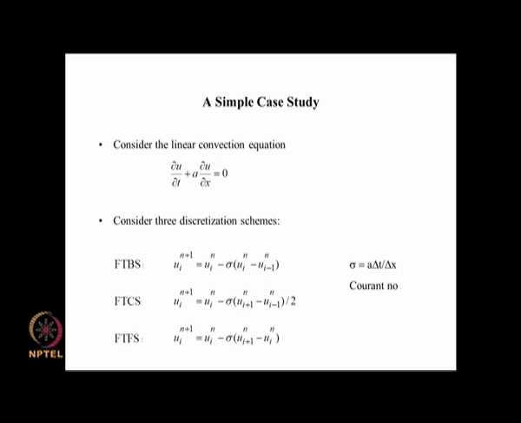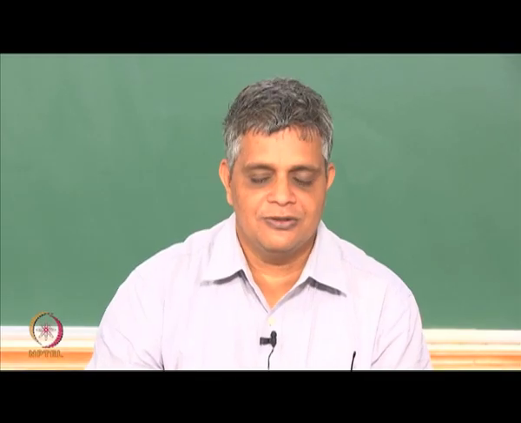So we are starting with some n equal to 0 values, some initial condition here, and then we are getting ui at n plus 1 at a particular point, and then we are skipping to the next space point and then the next point. So we march from point to point and go up to all the points at a particular time step level, and then we move on.